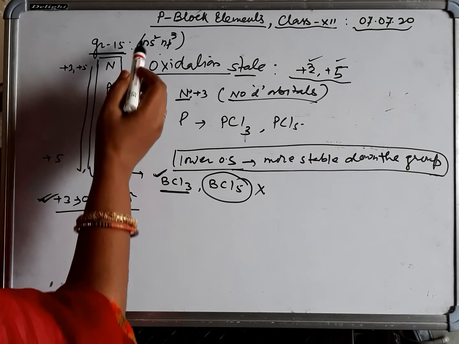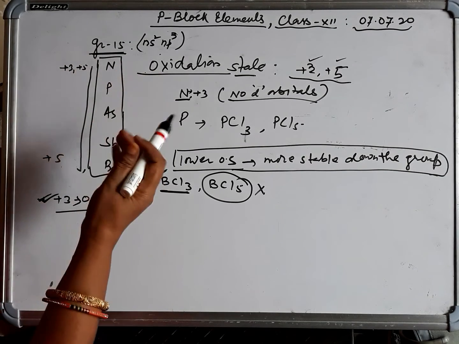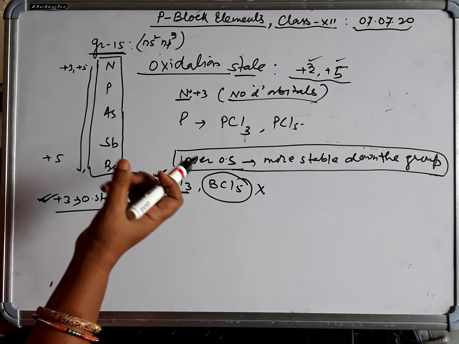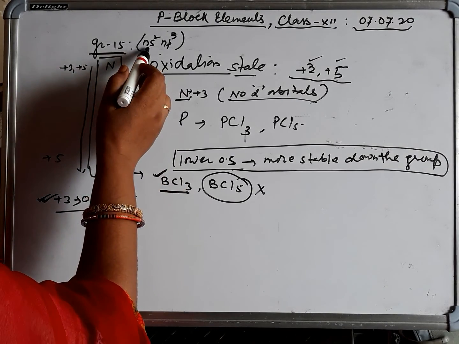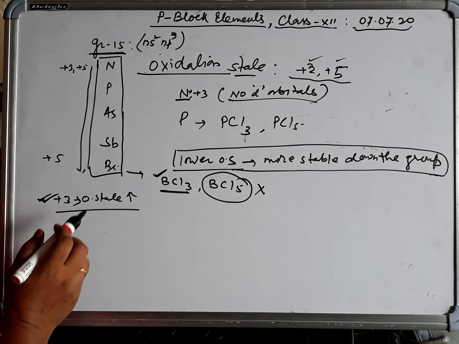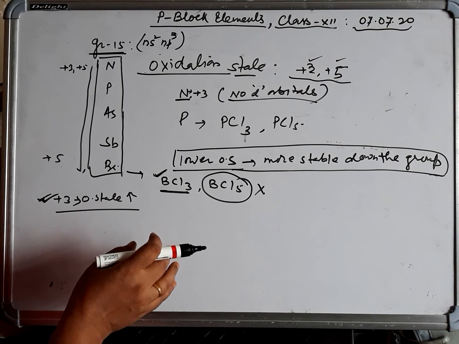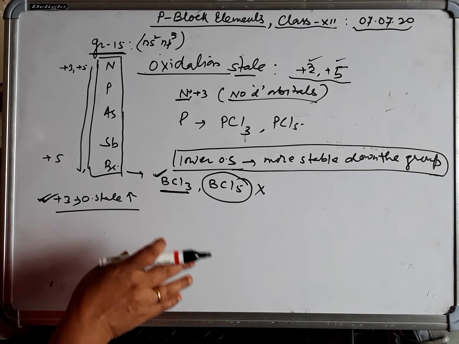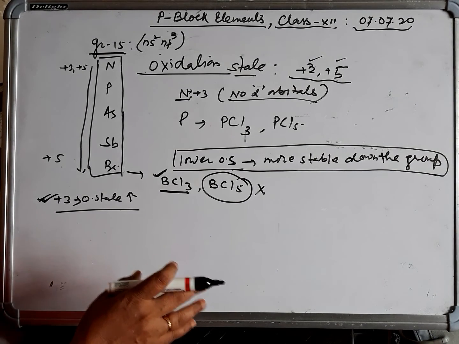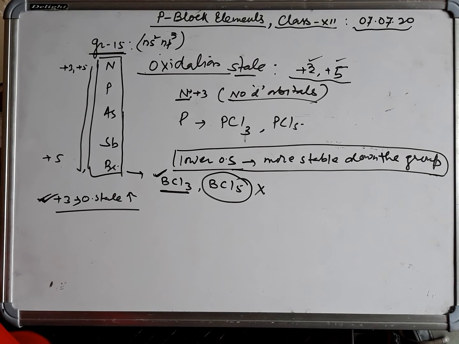In that condition, the s electron experiences maximum effective nuclear charge and maximum attractive force from the nucleus, and is not in a position to form a bond. So only p electrons are available to make the bond. Remember it, never forget it.